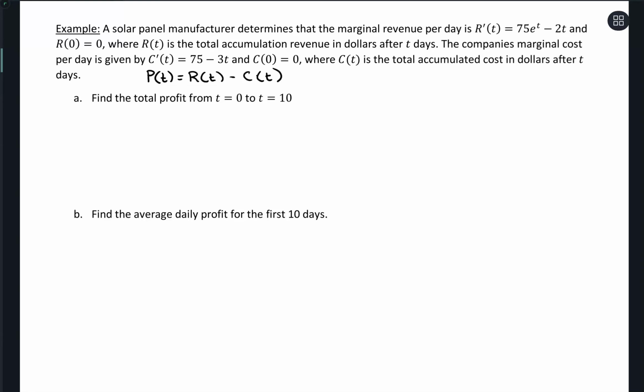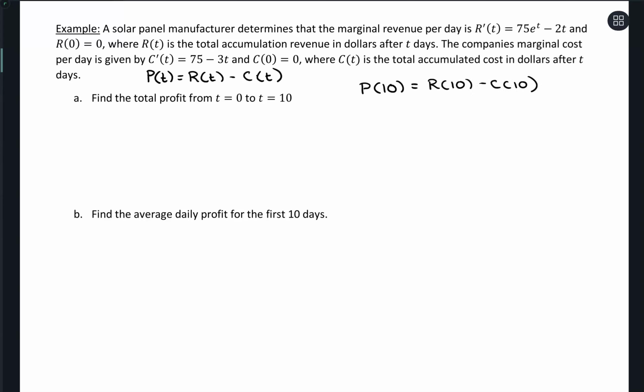So if r of t is the accumulated revenue and c of t is the accumulated cost, then P of t is going to be the accumulated profit. So what we can do is just find P of 10. So that'll be the accumulated profit between 0 and 10. So with that, we need to take R of 10 minus C of 10.